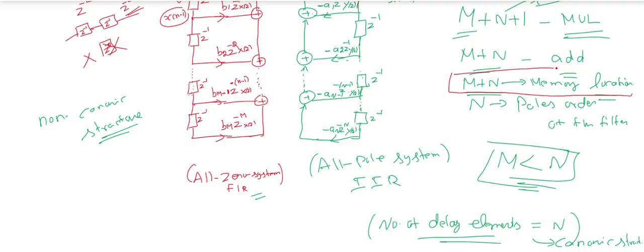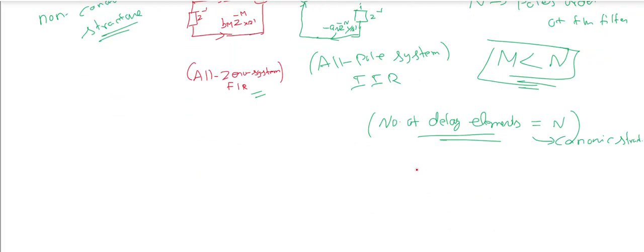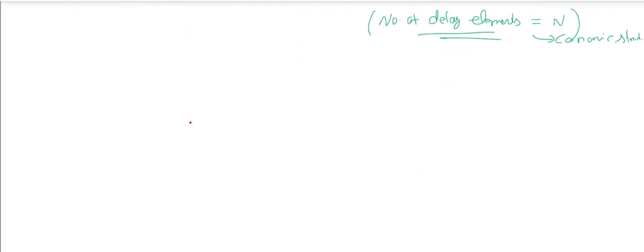So in that case, it is a non-canonic structure. Okay. Now we can rearrange this direct form 1 structure, which is called direct form 2 structure.